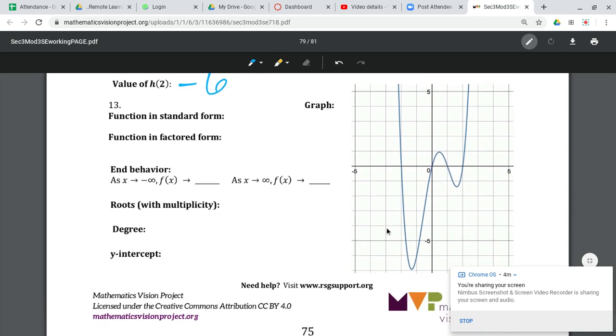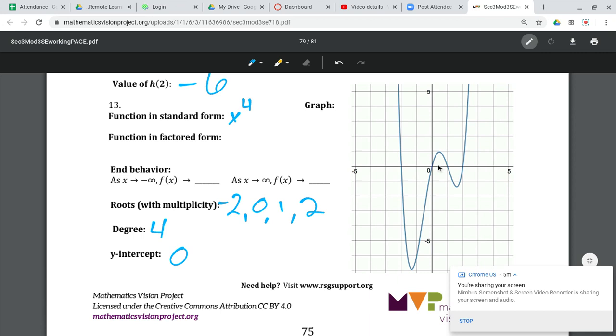All right, here we have the graph of a function. Because we have 1, 2, 3, 4 places where there are zeros, that means it is a fourth exponent, so it's degree 4. Our y-intercept is just 0. 0 is also one of our roots. Another root is at -2. We've got another one at 1 and another one at 2.